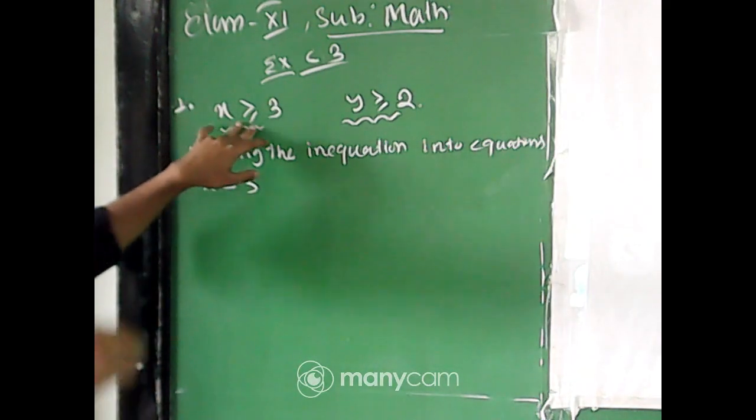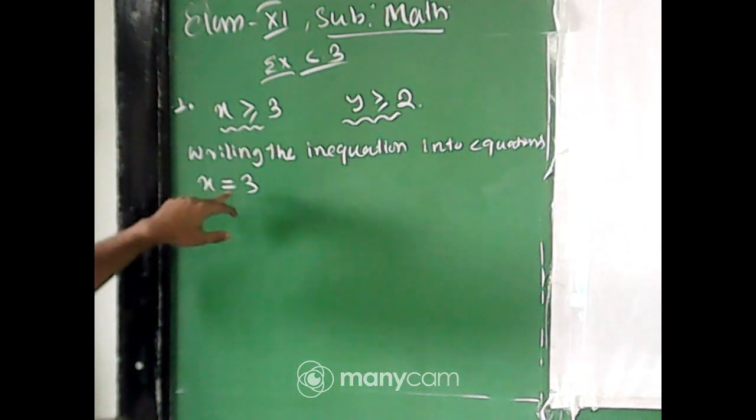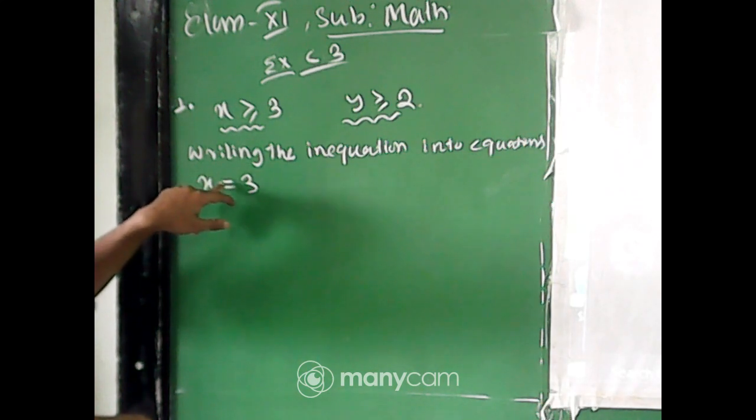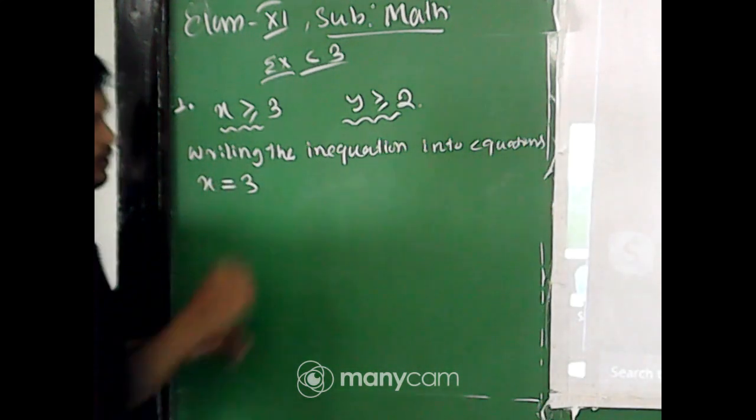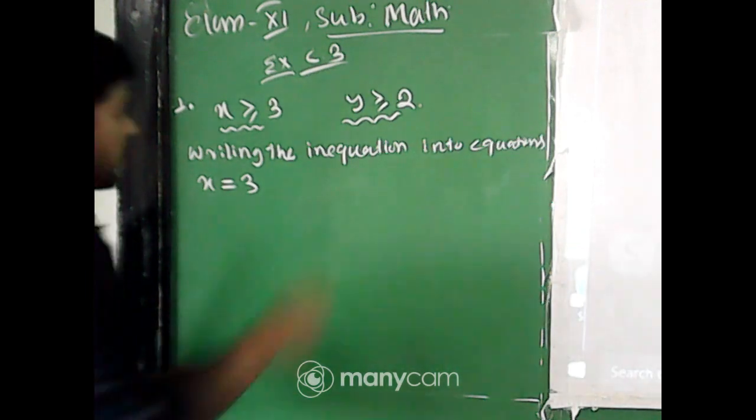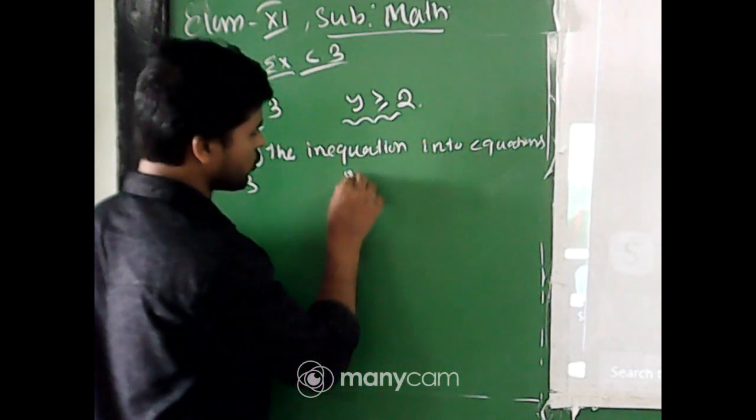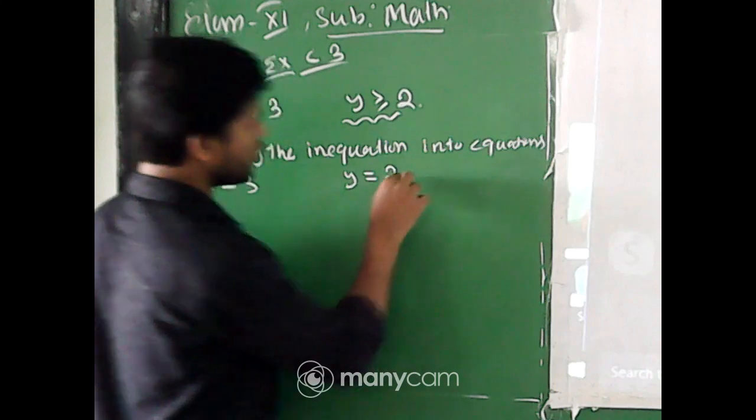Whatever the sign is, greater than or less than, we will always write equal to, which means we make it an equation, and the second equation will be converted into y is equal to 2.